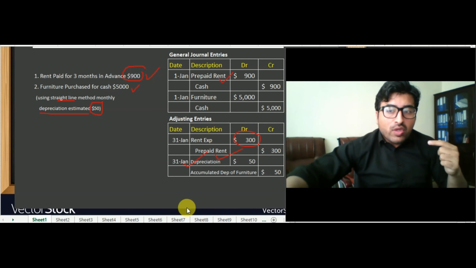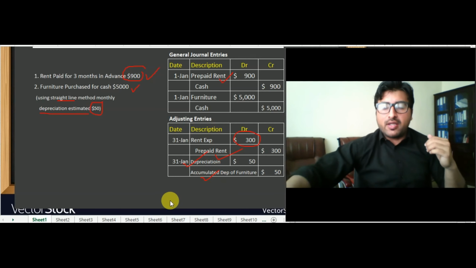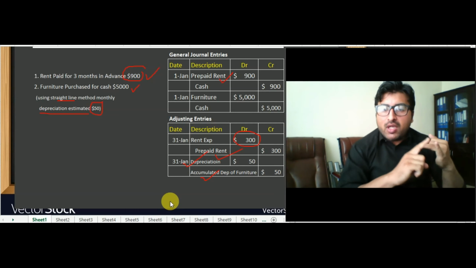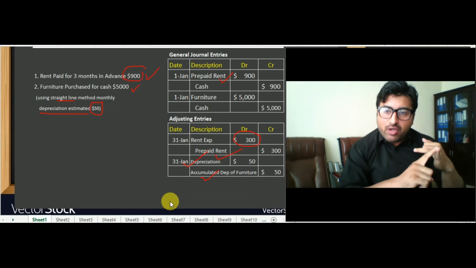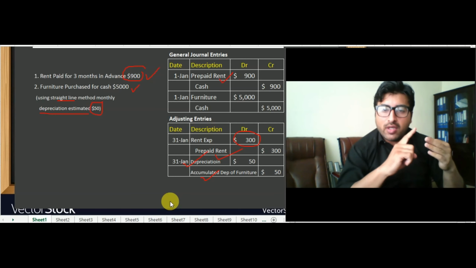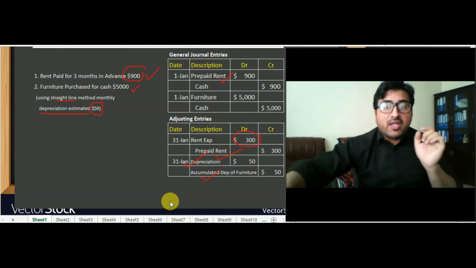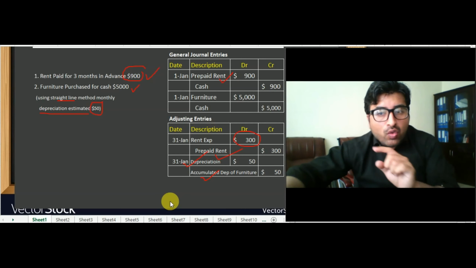So this is only for fixed assets, okay? And then what is credited? Accumulated depreciation of furniture. If it is a building, then we credit accumulated depreciation of building, or if it is a computer, accumulated depreciation of computer, accumulated depreciation of machine, and whatever else it can be. But keep in mind, this is only for fixed assets.